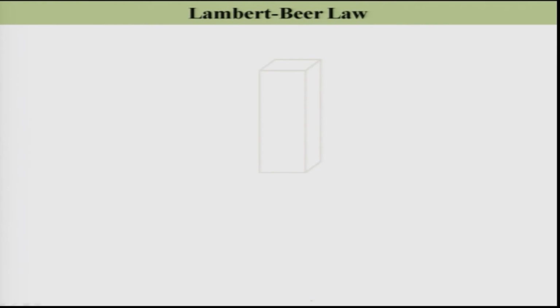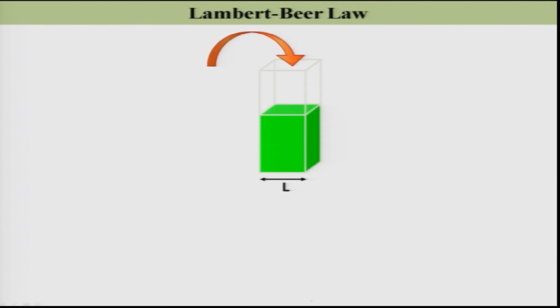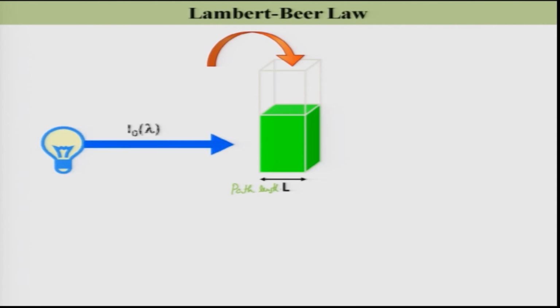Now if we want to see this Lambert-Beer law in a close view, let us see how. This is my cuvette, my sample cell, and I poured some sample with a particular concentration. This path length is L, and I have a lamp where I can select the wavelength.